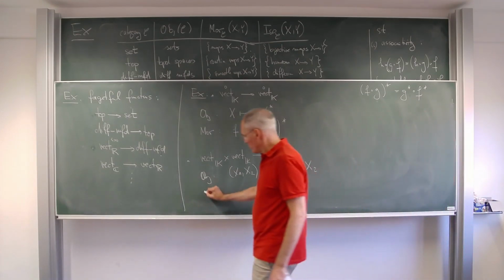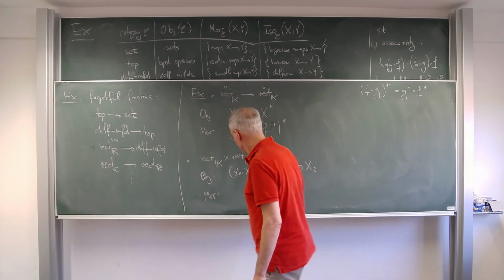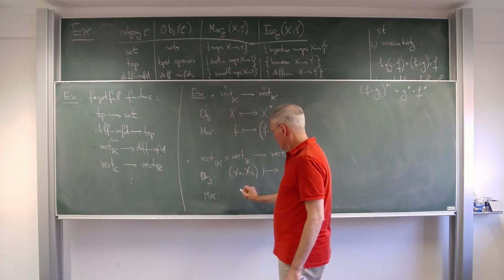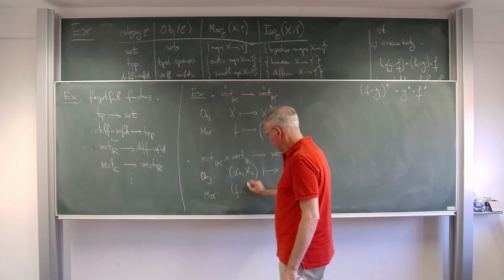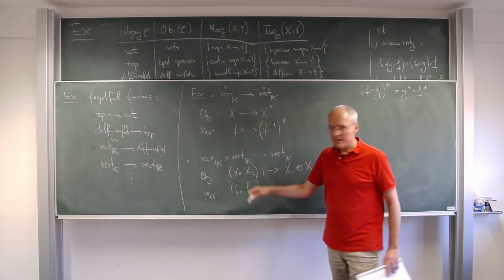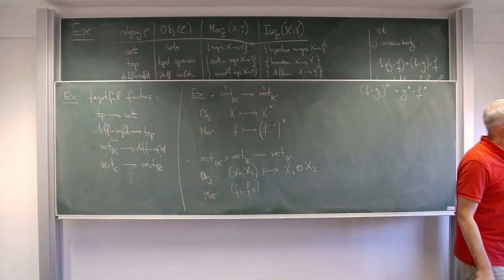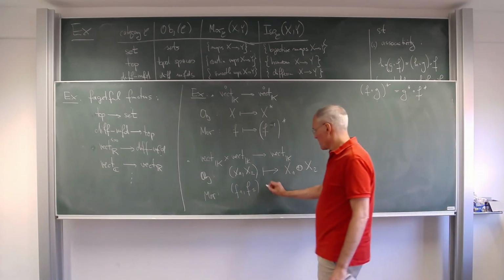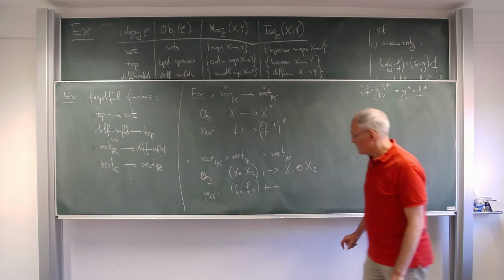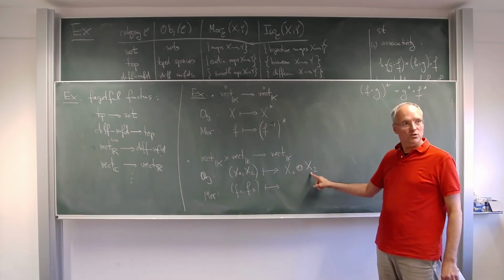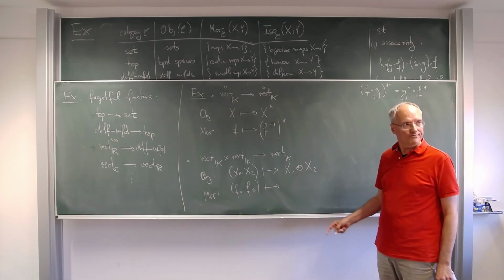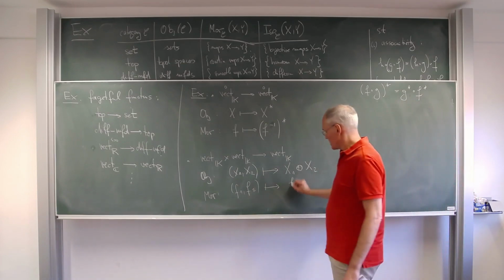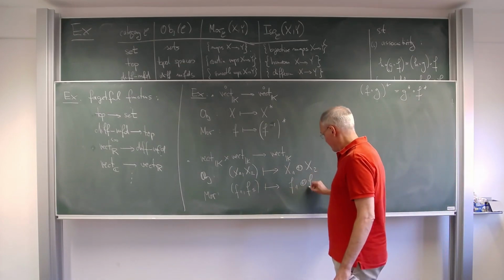And on the level of morphisms, I can take a pair of linear maps. So F1 maps x1 to y1, F2 maps x2 to y2. So I need now something which maps x1 plus x2 to y1 plus y2. And it's obvious how to do that. I just take the direct sum.